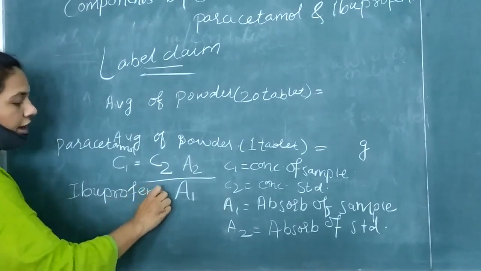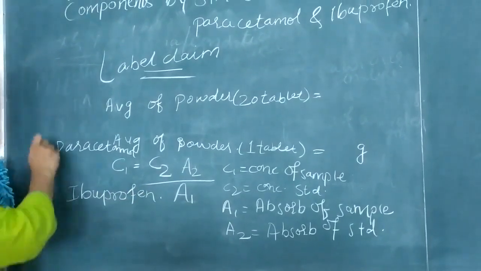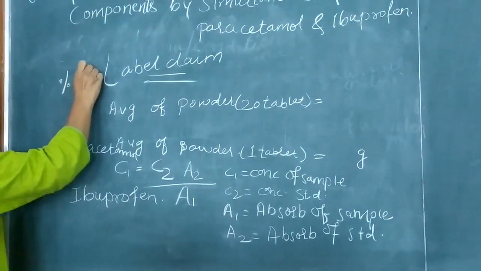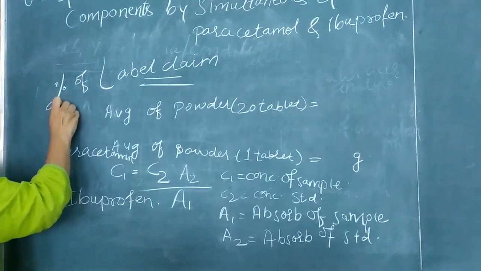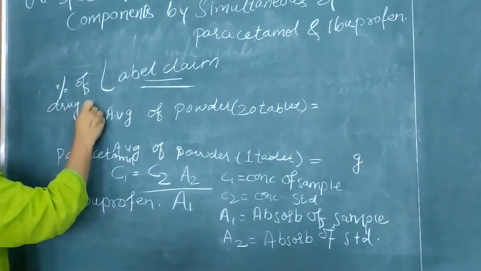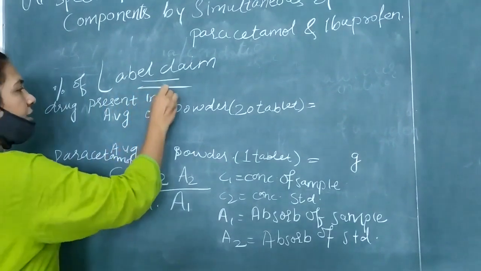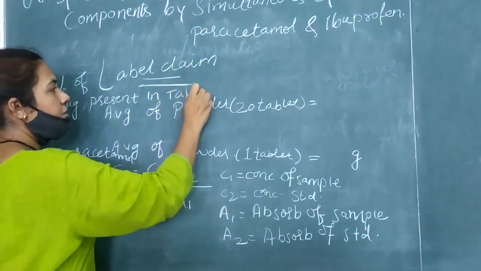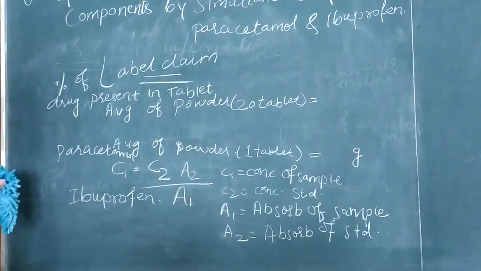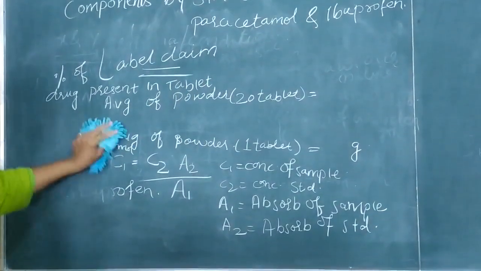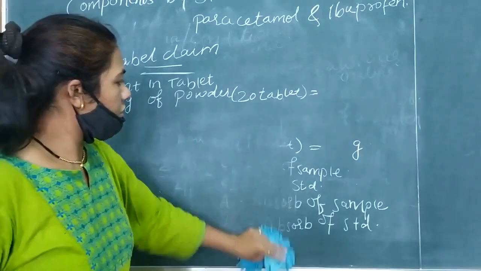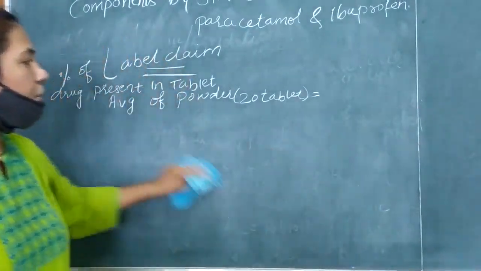From that you have to calculate the percentage of drug present in the tablet. It is a combination of ibuprofen and paracetamol, so you have to calculate the percentage of each.